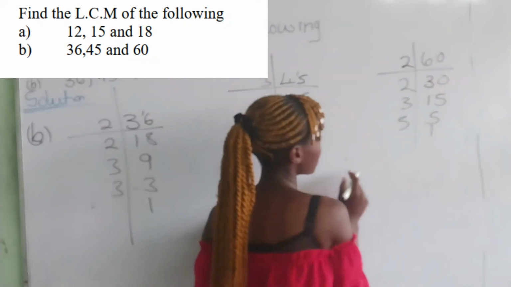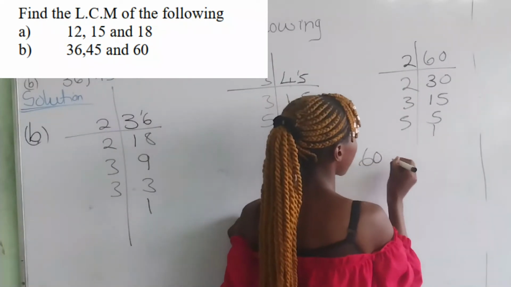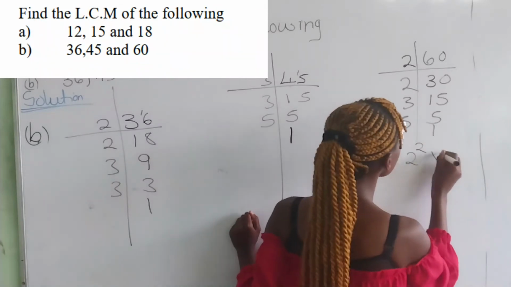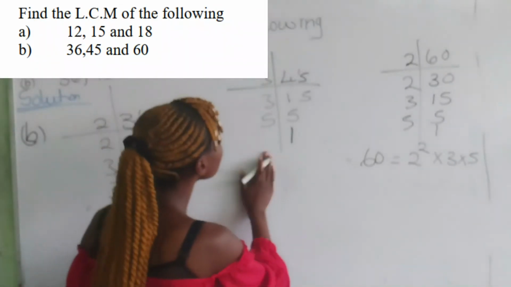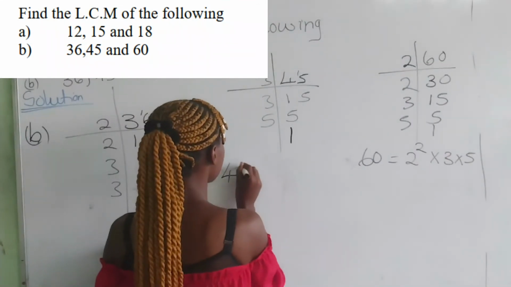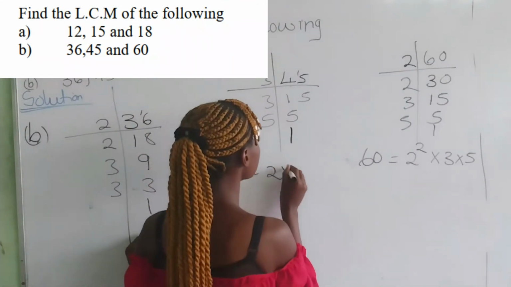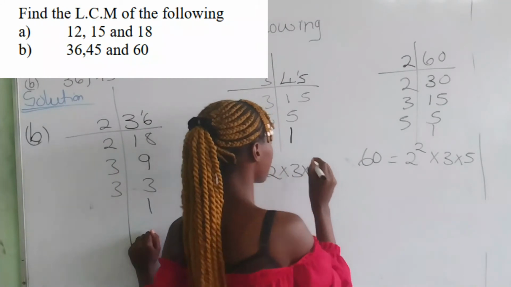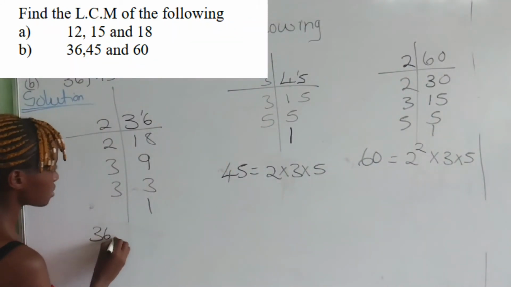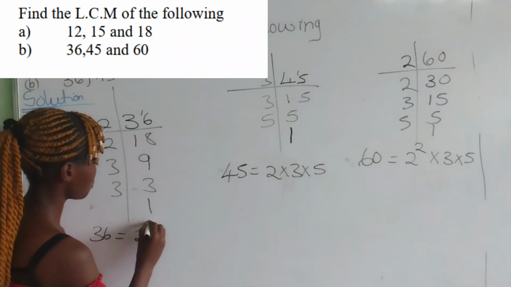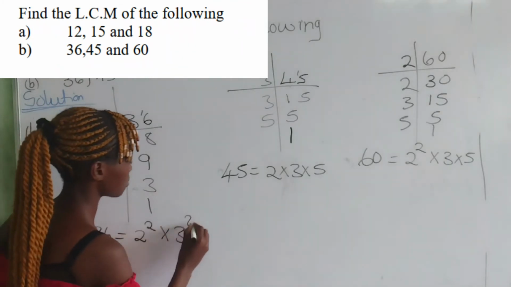1. Now we put it in the index form. 2 squared times 3 times 5. For this one, it would be 45 is equal to 3 squared times 5. For this one, it's going to be 36 is equal to 2 squared times 3 squared.